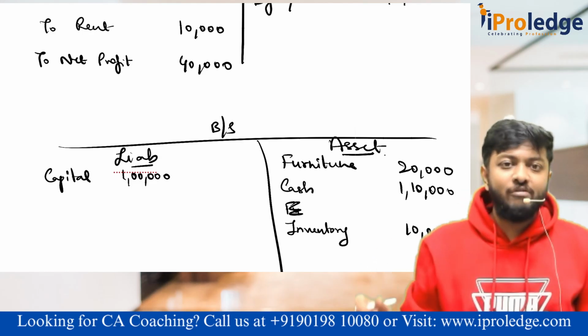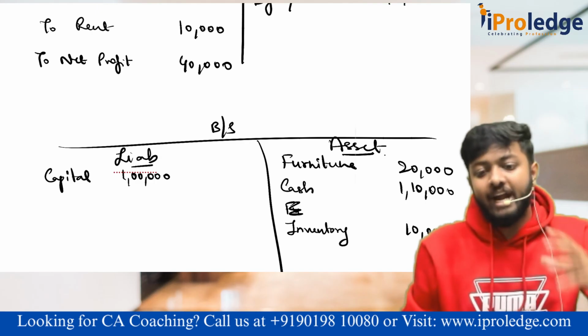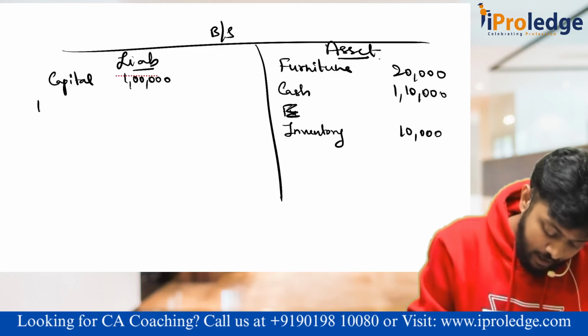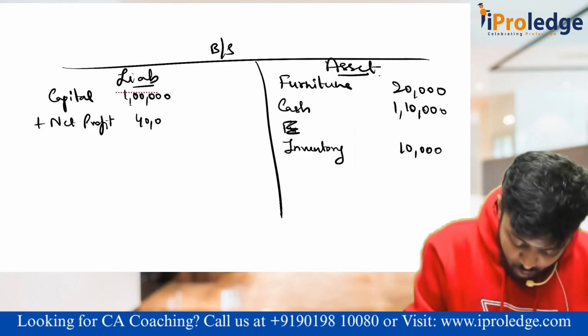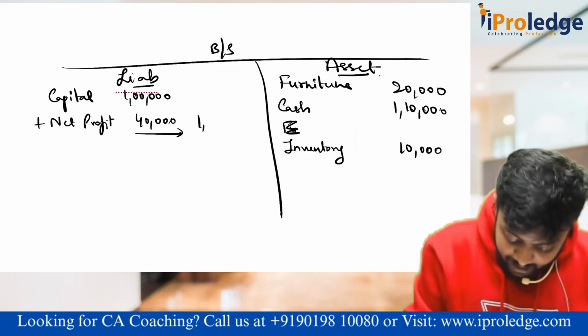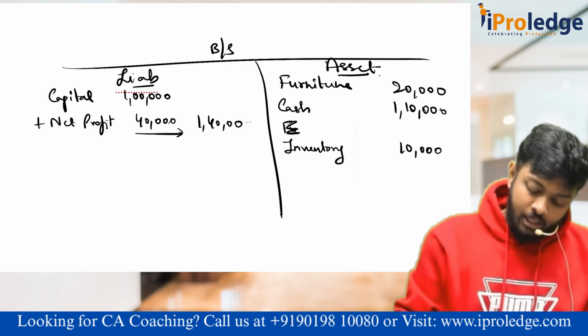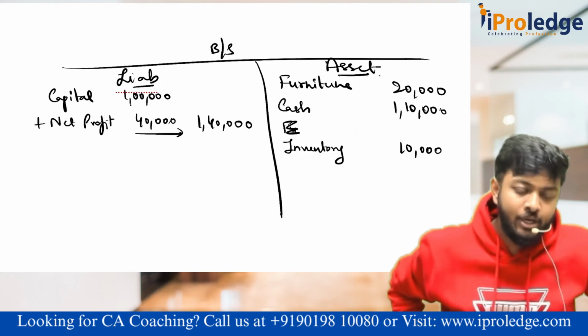Generally in the balance sheet, which account represents the liability towards the owner? Capital. That's why we are adding the current year profit also to the capital. So plus net profit, 40,000. So the total has become 1,40,000. Done guys. So the profit also we added to capital.